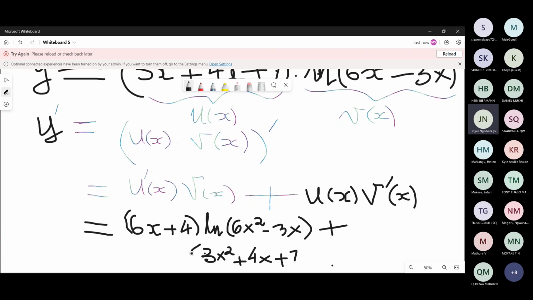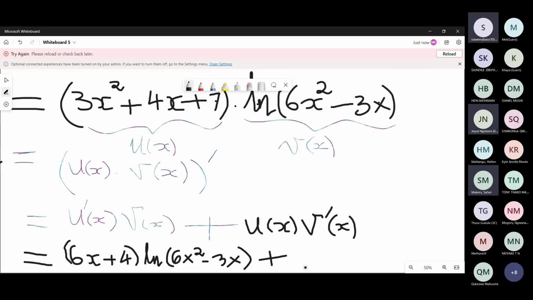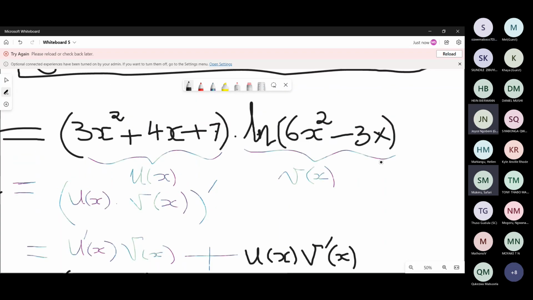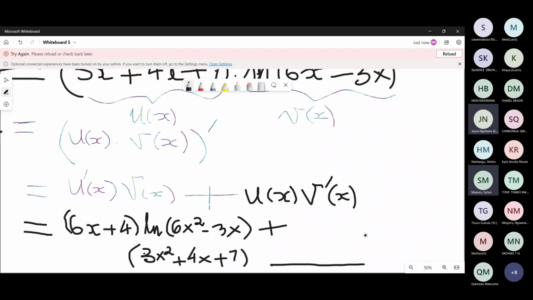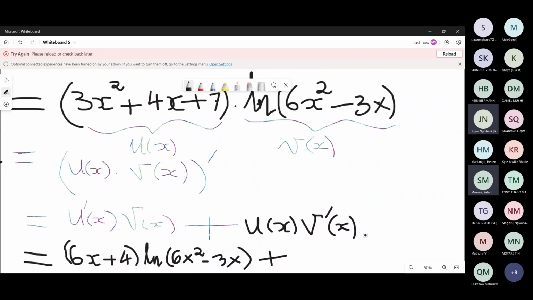Then our v prime. What is v prime here? Everybody, can you see what v is? V prime is going to be 1 over... not 1 over. How do you find the derivative of the ln of a function?